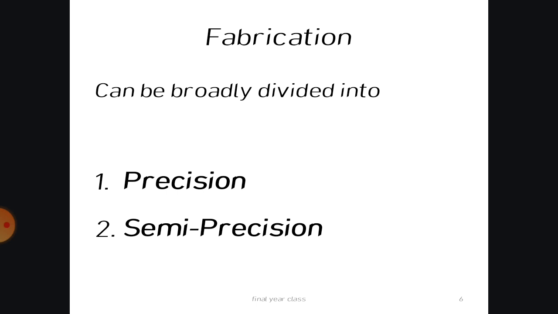But a precision attachment is manufactured by a company, and if anything goes wrong, you have to redo the entire procedure or buy the entire components from the laboratory, and you need to attach it to the removable partial denture, or make modifications to the tooth preparation which you have done for receiving the attachment.